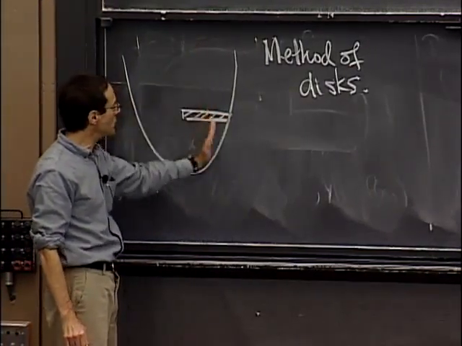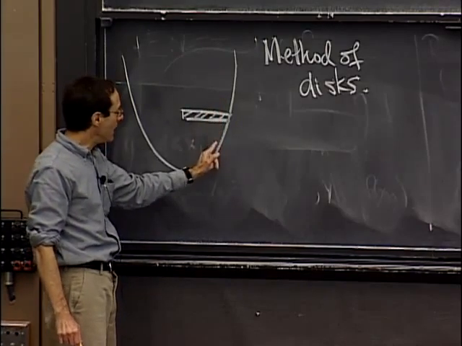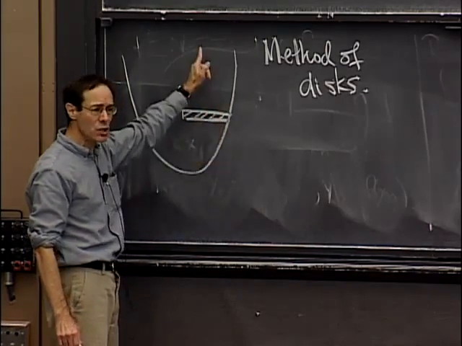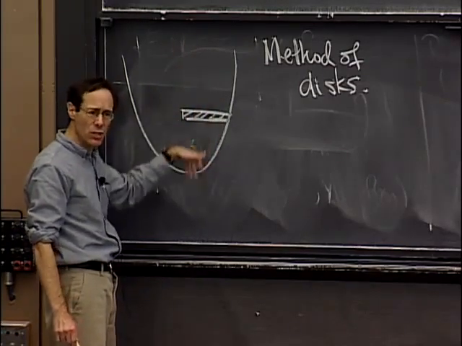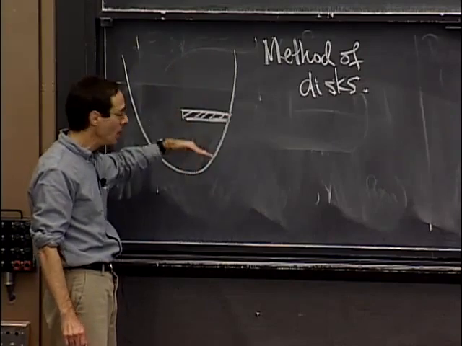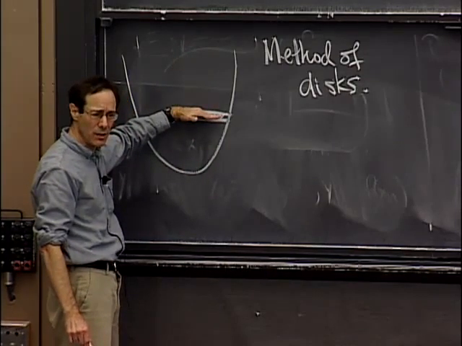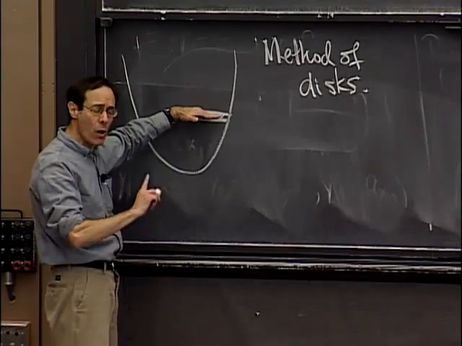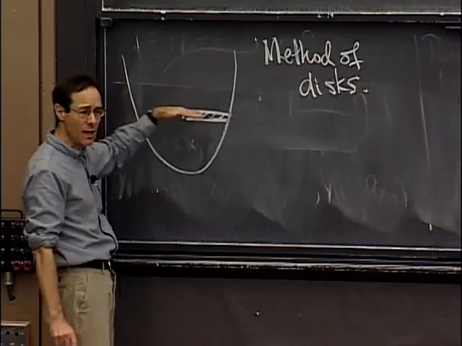If we set things up with shells, as we did last time to compute the volume of this, then T will vary along the shell. And we'll still have an averaging problem, an integral problem along the vertical portion. But if we do it this way, T is constant on this whole level here. And so there's no more calculus involved in calculating what the contribution is of any given level.